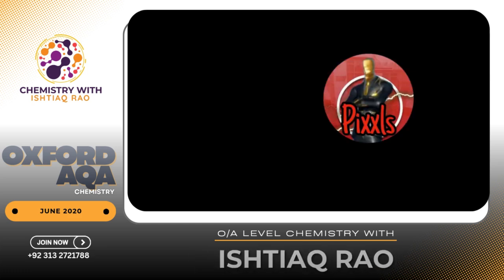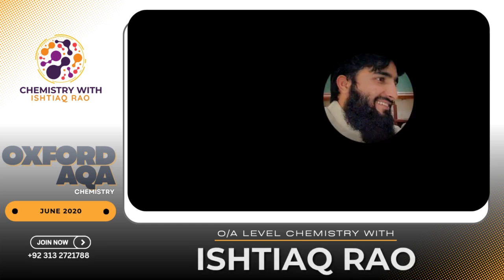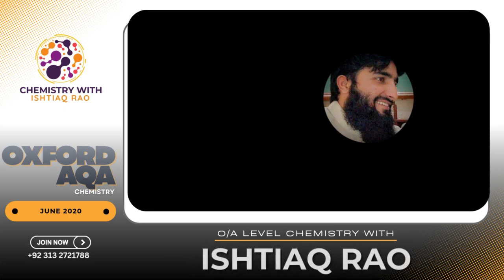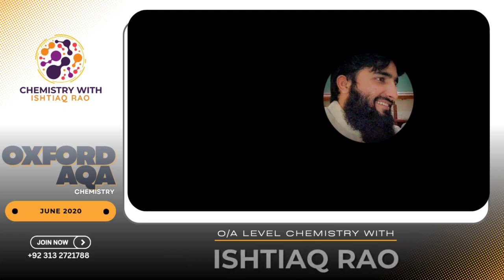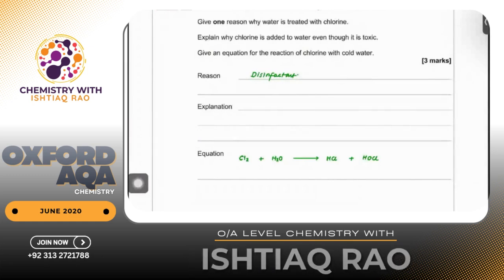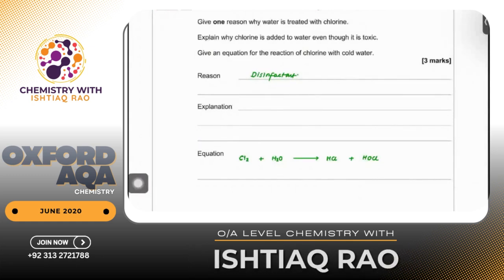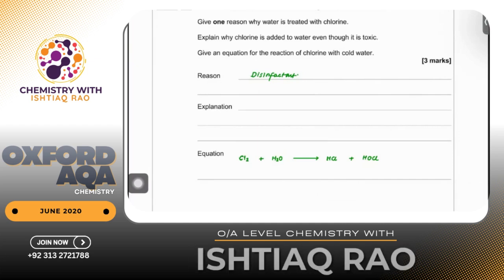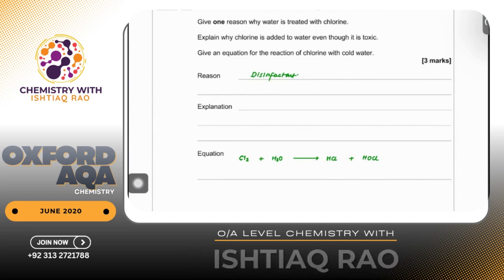So chlorine is a disinfectant, and also when chlorine reacts with water it produces two products. One is HCl, and another one is HOCl. This HOCl acts as a bleaching agent. Basically, it kills bacteria due to the formation of HOCl.